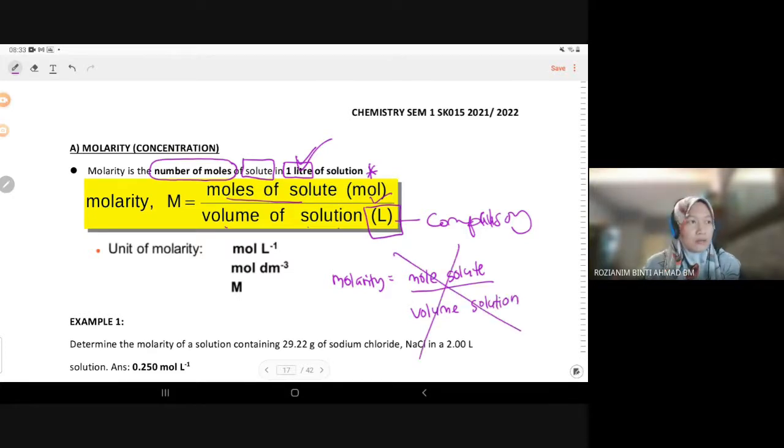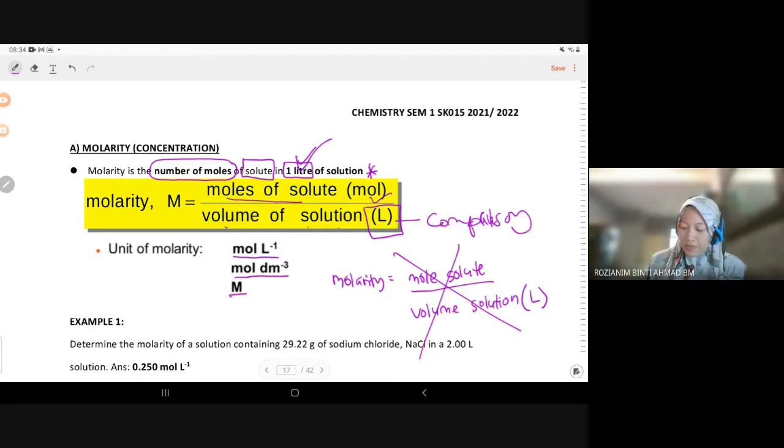Kenapa? Sebab dia tak masuk dalam definition. Macam mana dapat 1 markah? Sebelah volume solution, labelkan liter. Dapat? Baru dapat 1 markah sebab definition dia solute dissolved in 1 liter solution. So the unit should be either mole per liter, mole per dm3 and M capital letter.